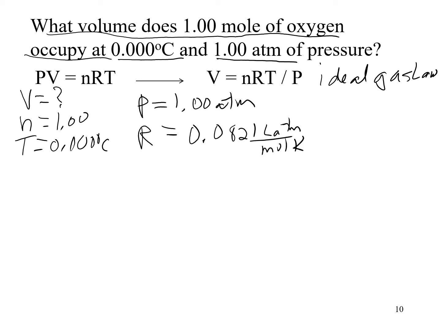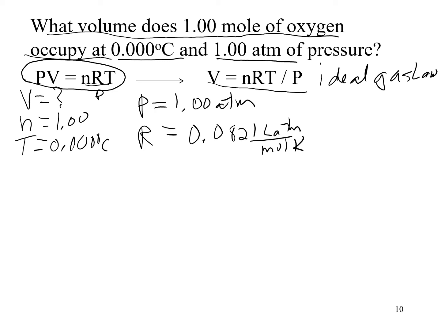So the ideal gas law is PV equals nRT. We can solve for volume by dividing both sides by pressure, which is what's done here, and then plug our values in and solve for volume. Or I can just plug directly into PV equals nRT, which I'm going to do below.